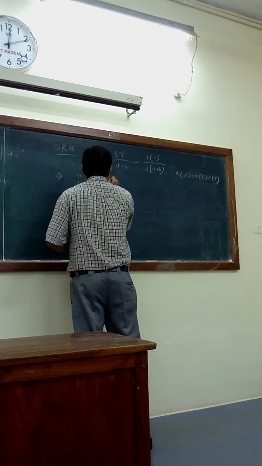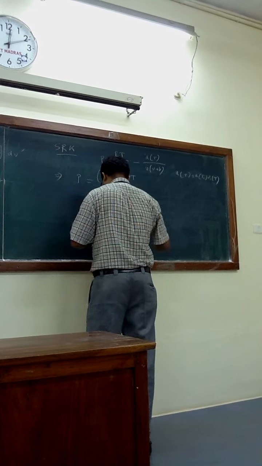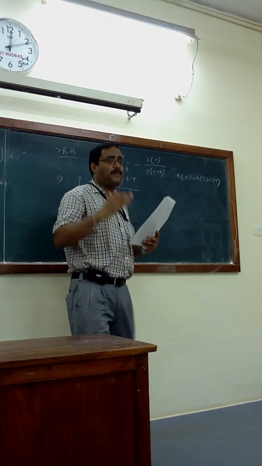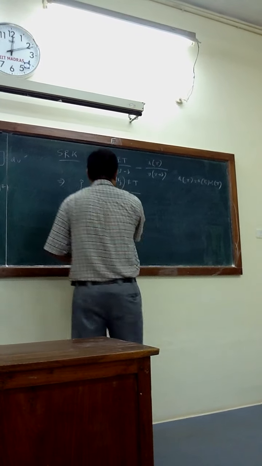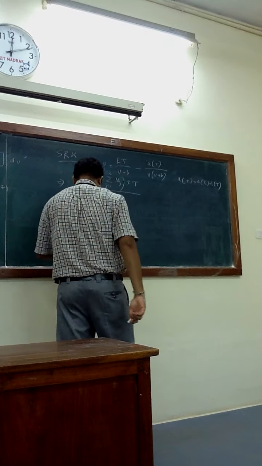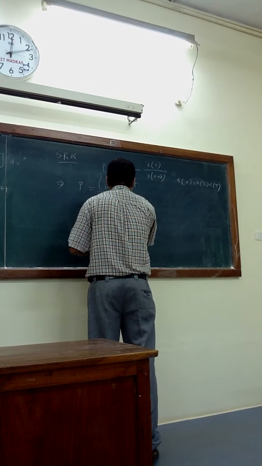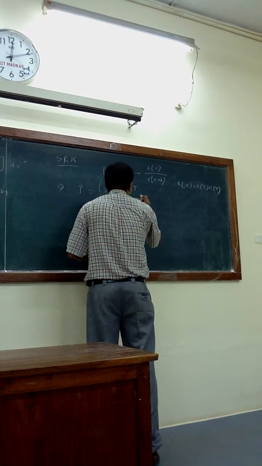Summation j equals 1 to C n_j RT by B minus, not small b, just say capital B. Capital B minus summation j equals 1 to C n_j b_j.